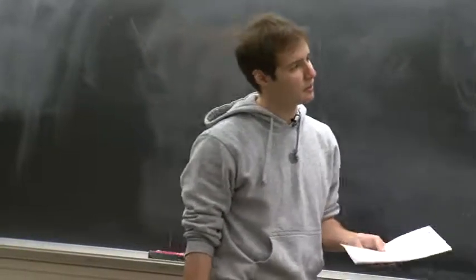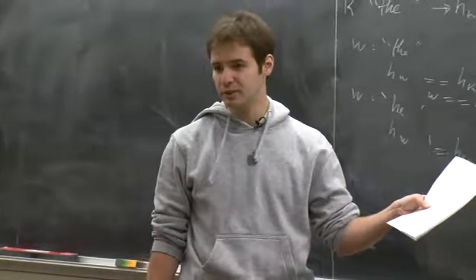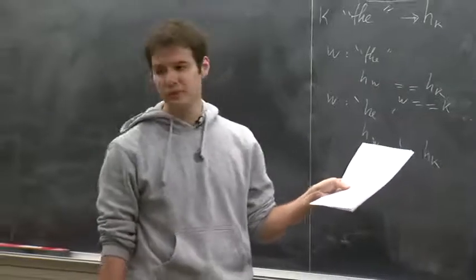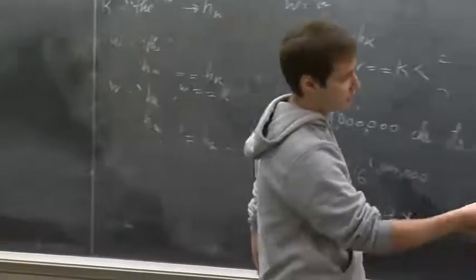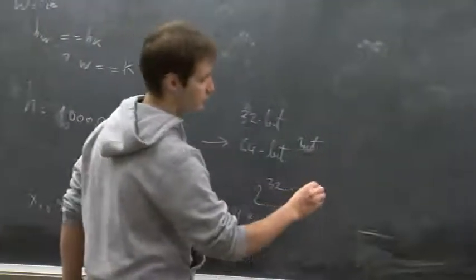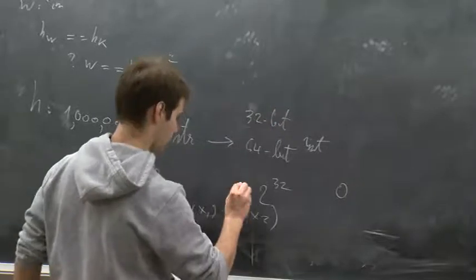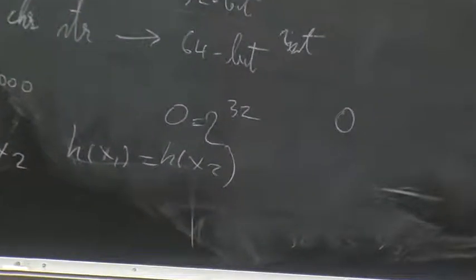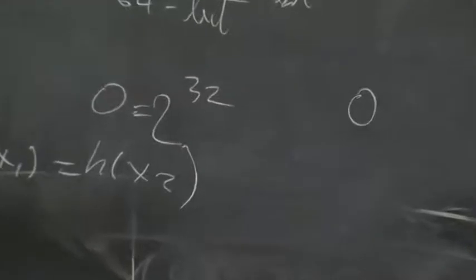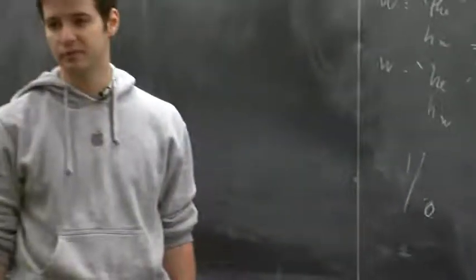What matters is that as long as the hash function is reasonably good, we're not going to have too many false positives. So if the output set is O, so O is 2 to the 32, then we're hoping to have false positives about 1 every O times. So 1 out of 2 to the 32 false positives.